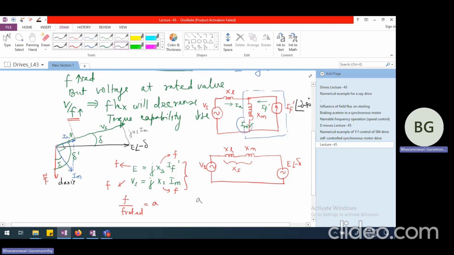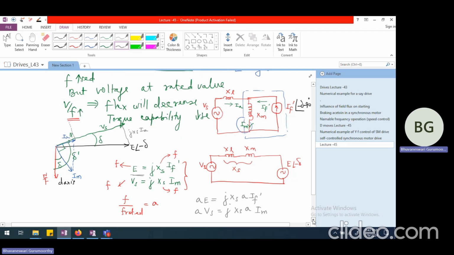Whenever I'm talking about another frequency F, the value of E will also change to a times E. That will be equal to j times Xs multiplied by a multiplied by If dash. Similarly, a times Vs will be equal to j times Xs multiplied by a multiplied by Im.